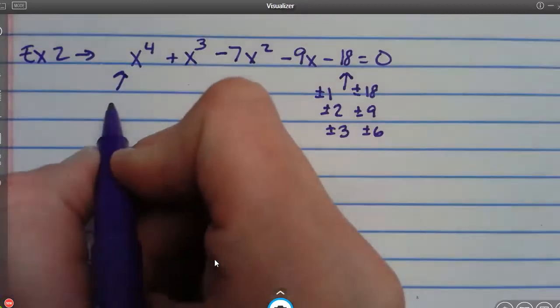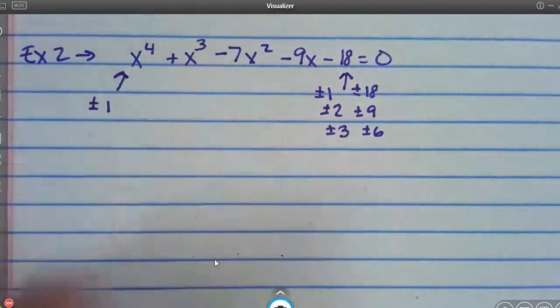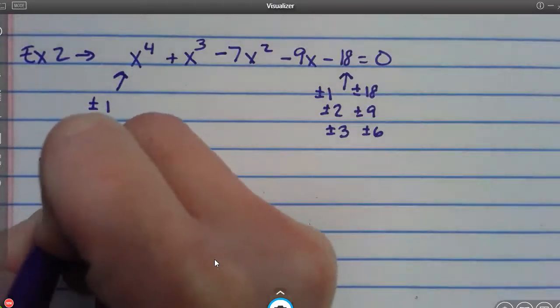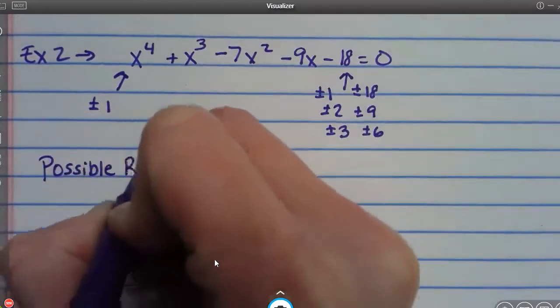And our leading coefficient is just 1, so my only options there, plus or minus 1. Now we list out our possible rational roots.